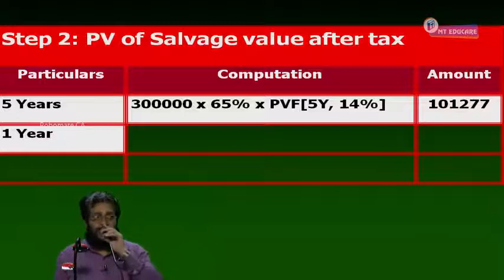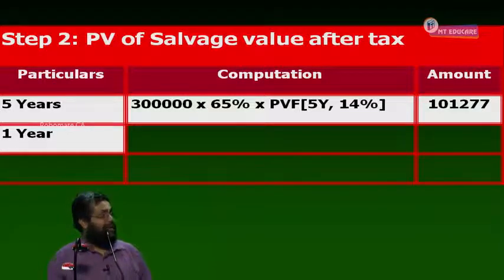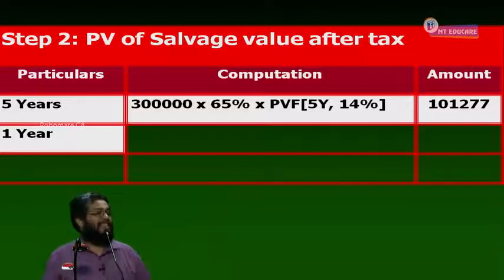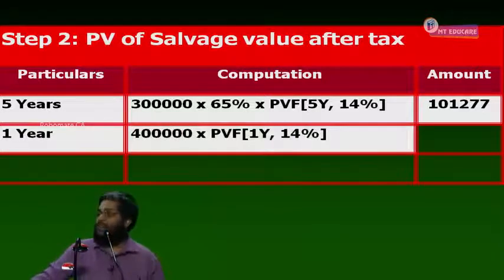What is the profit on sale? 0. What is the tax here? 0. The entire 4 lakhs is my money. Got it? So the entire 4 lakhs is the salvage value because tax is 0. So it is 4 lakhs into present value factor, 1 year, 14%. Can you tell me what that is here?